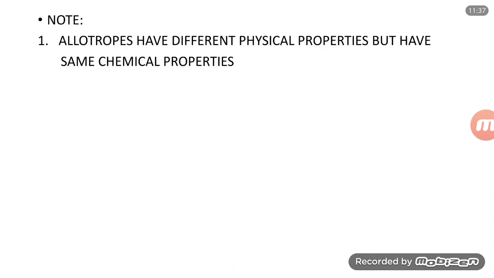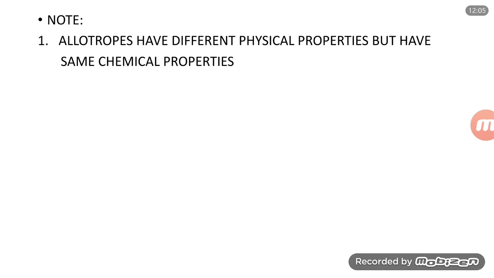Note, you have to keep in mind that the allotropes of a particular element will have different physical properties but the same chemical properties. For example, take two allotropes of carbon, that is diamond and graphite. Diamond is the hardest substance in the world, but what about graphite? Graphite is a soft material, isn't it?